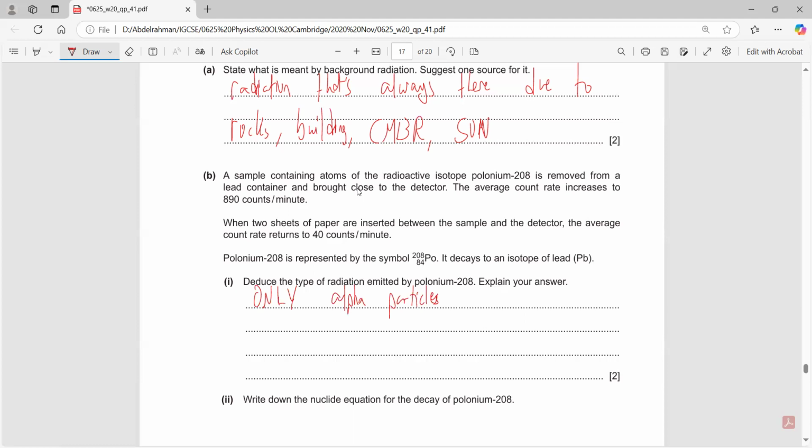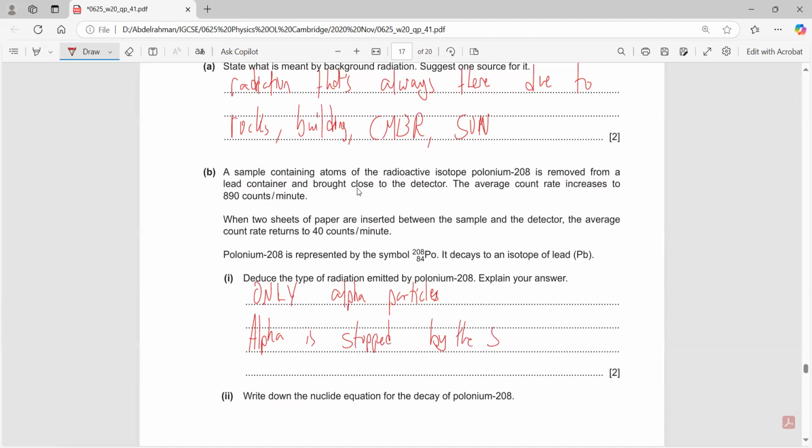They cannot penetrate it. Beta and gamma can penetrate a sheet of paper, but alpha particles cannot.